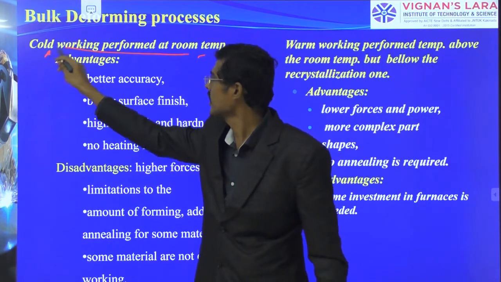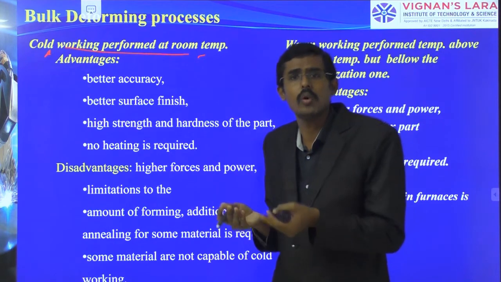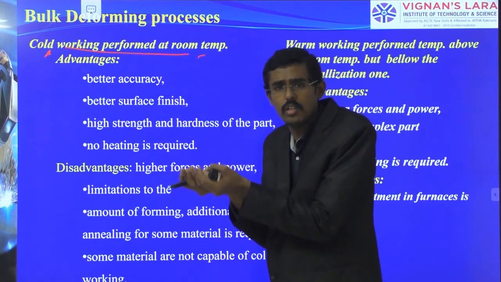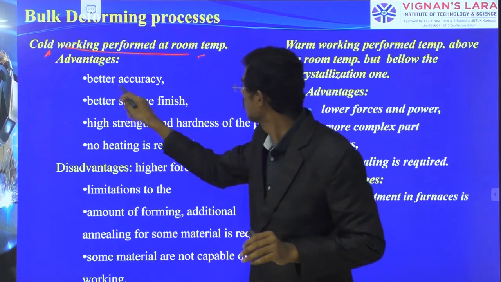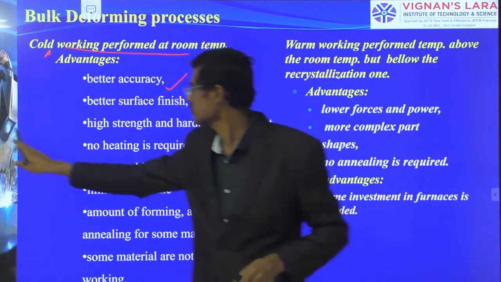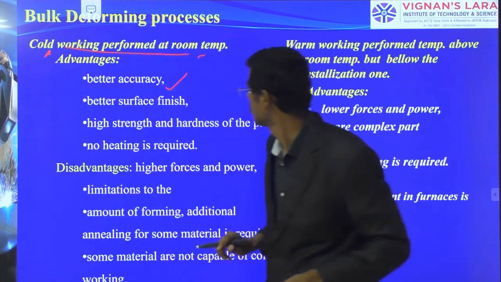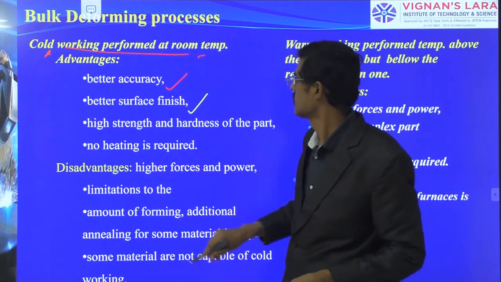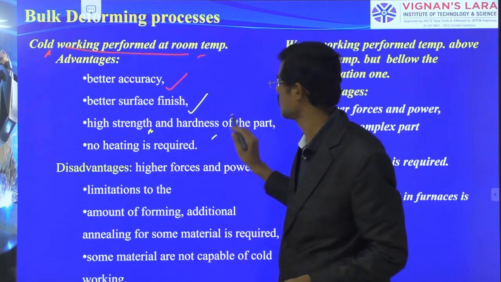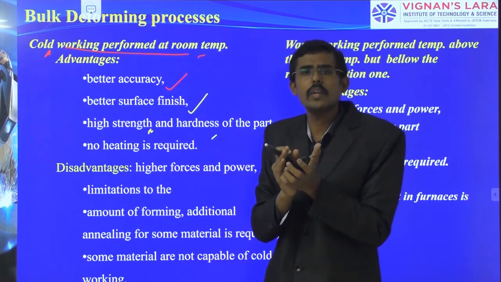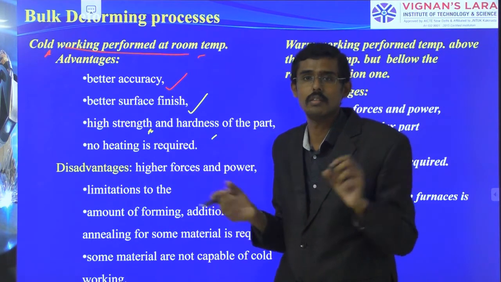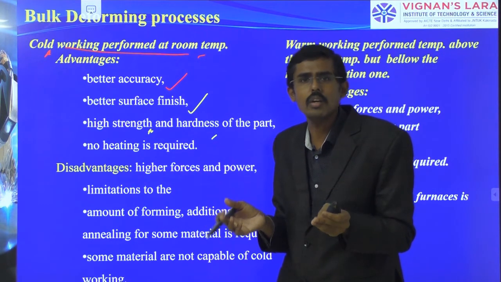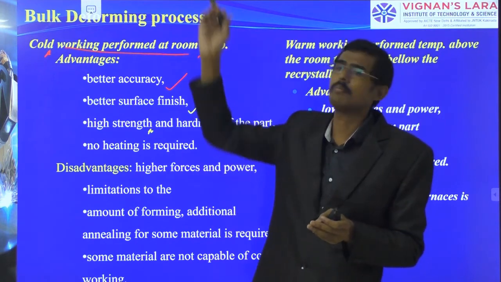In the cold working conditions, when the operation of rolling is in the cold, when the operation of forging is in the cold, we will get better accuracy, better surface finish, high strength and hardness. You see, in the cold working process, heat is not involved. We are not going to cross the critical temperature of the material.